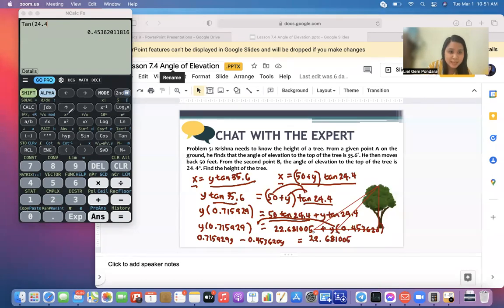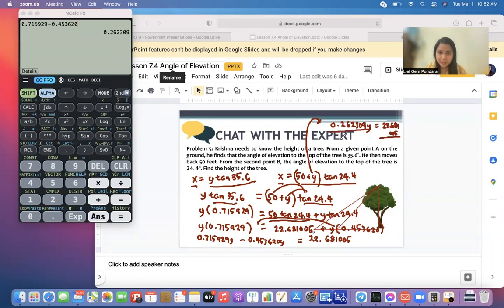With the left-hand side, we have 0.715929 minus 0.453620. And write it on top. You have 0.262309y equals 22.681005.